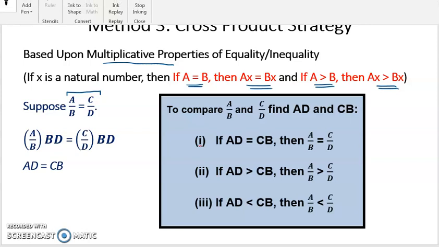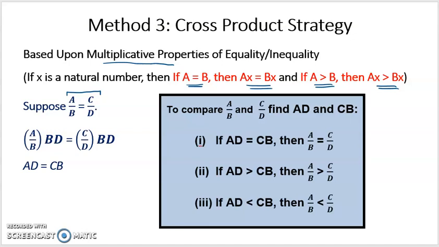When you multiply by b times d, this b cancels with that b, so you're left with a times d on the left. This d on the bottom cancels with this d, so you're left with c times b.